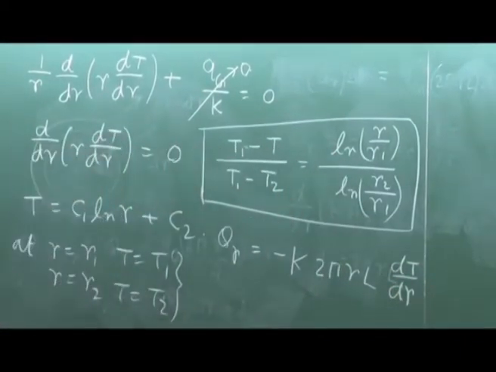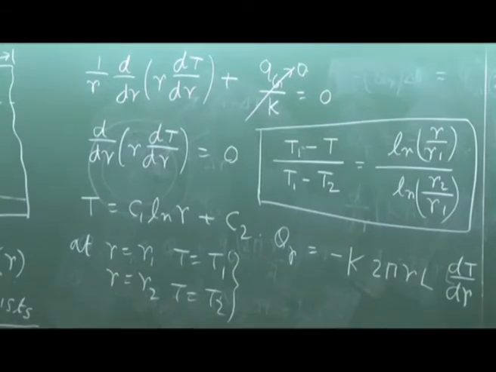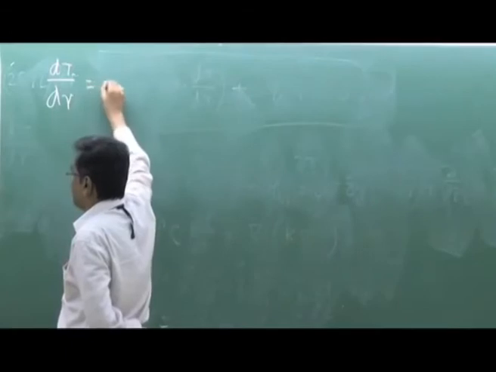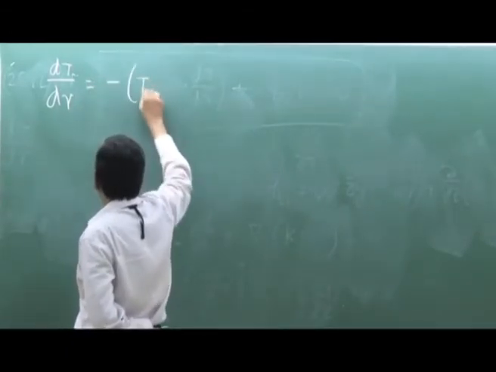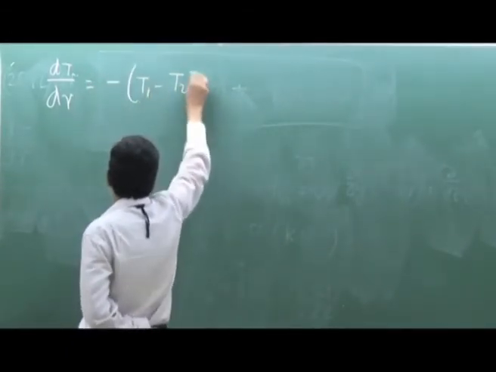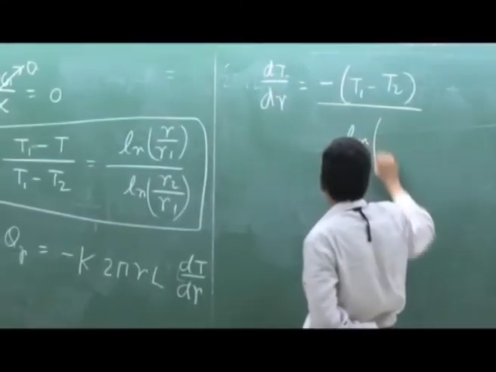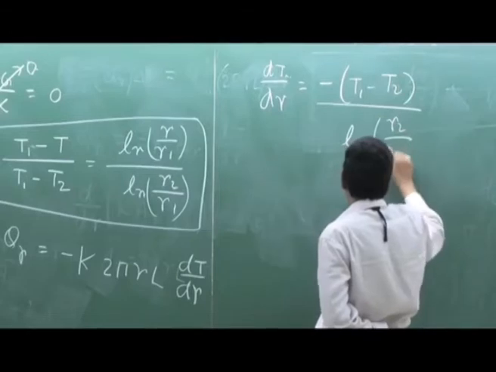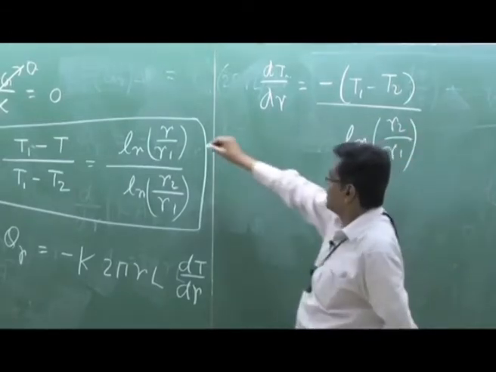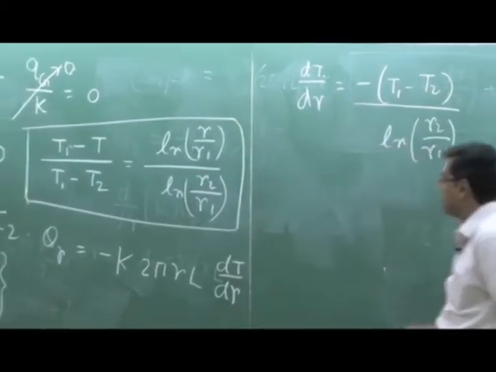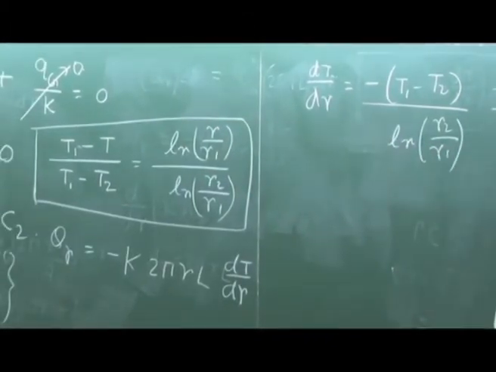What is dT/dr? dT/dr is minus (T1 minus T2) divided by ln r2 by r1, which is constant, into the differentiation of ln r by r1, that is 1 by r.